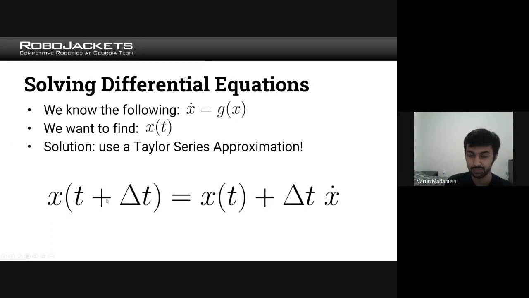We say x of t plus delta t is going to be equal to x of t plus the change in time times the time derivative. And this is something that's given to us. We pick delta t in our program, and then at every point in time, we record the last known value of x of t. So by doing this, you can step one at a time through points in time, and then you can calculate the trajectory.